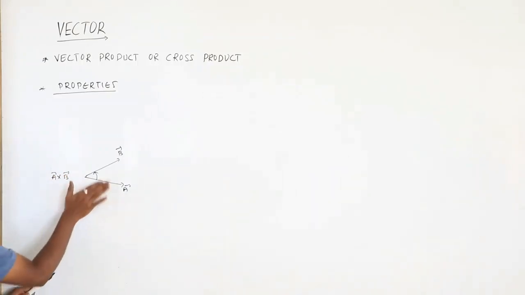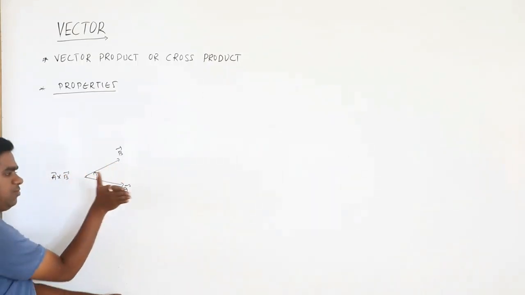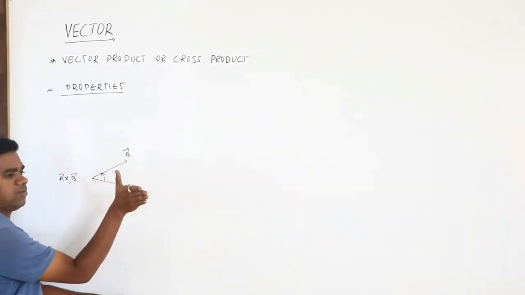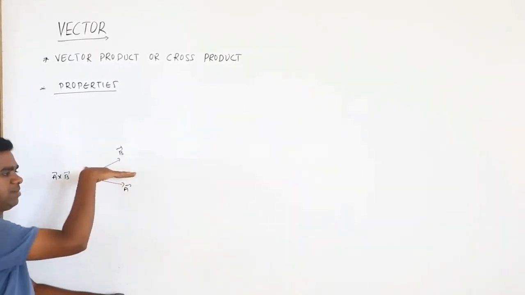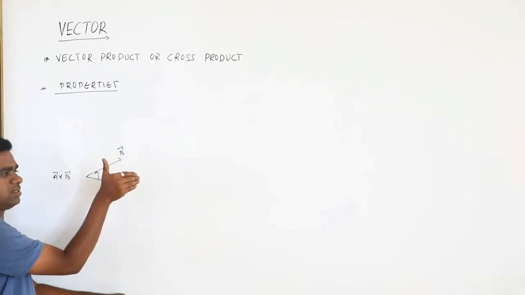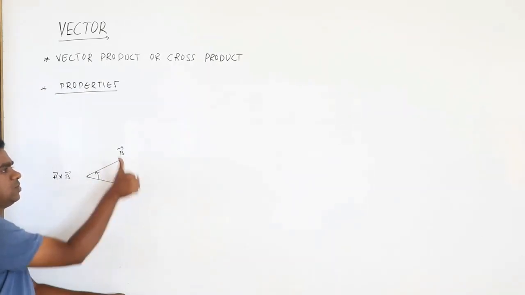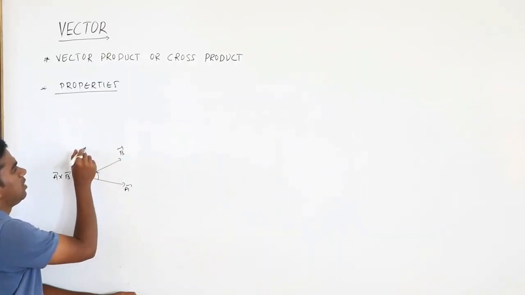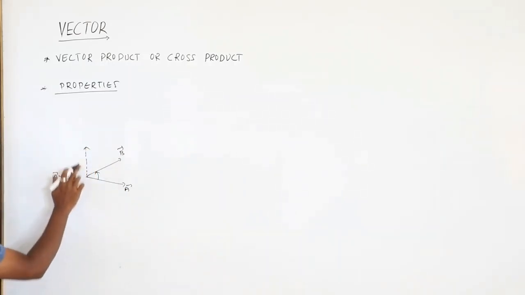You are moving from A to B. They are in one plane. They are on this plane. So I am moving from A to B means it is in anti-clockwise direction. So the resultant will be in upward direction. Okay, this is A cross B.